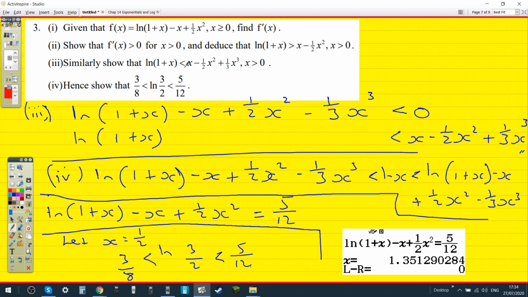Yes. And so basically, ln 1 plus x is greater than this one, but less than this one. So this one goes on the right, this one goes on the left. So that's what we had. And in the middle is not ln x, it's ln 1 plus x. Makes sense. And to get it to be 3/2, you sub in a half to get 3/2.